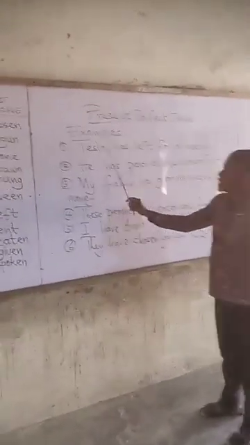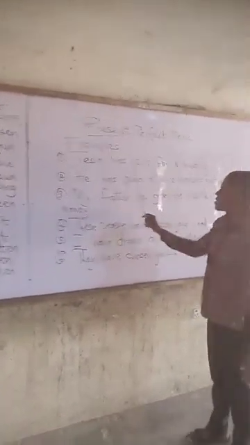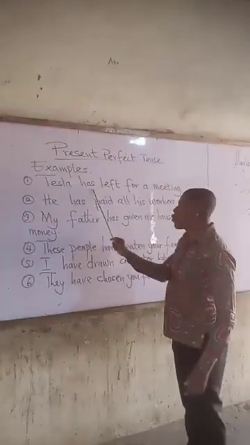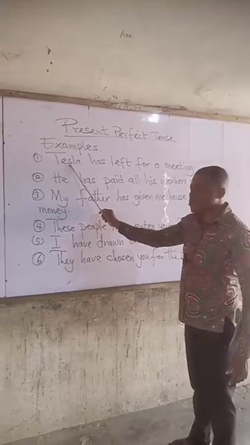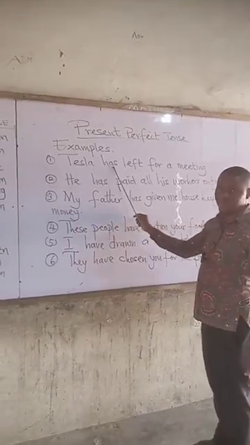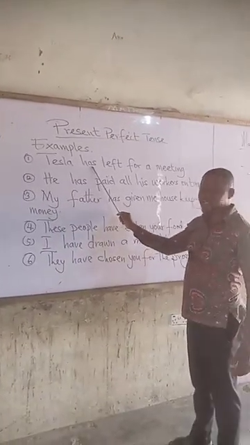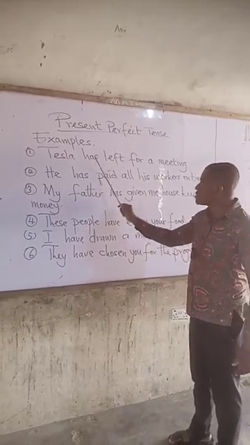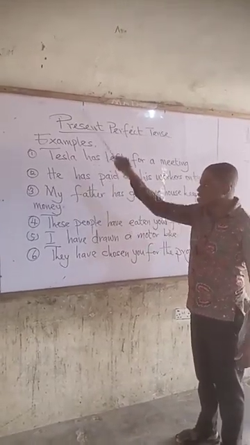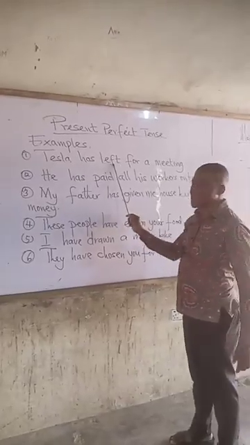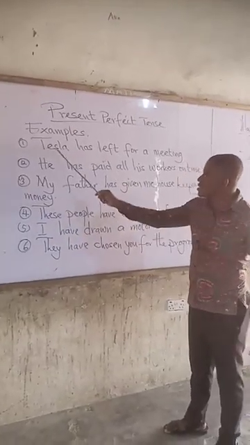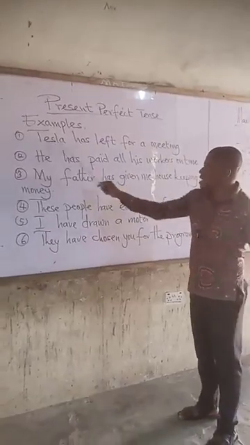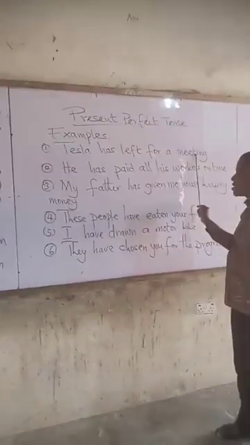So, the auxiliary verb, we have has and have over there, but the one that can connote with the singular subject is has. Now, after you have selected it, you look for the past participle. The past participle of leave, as I have explained earlier, will be left. So we now have: Tesla has left for a meeting.